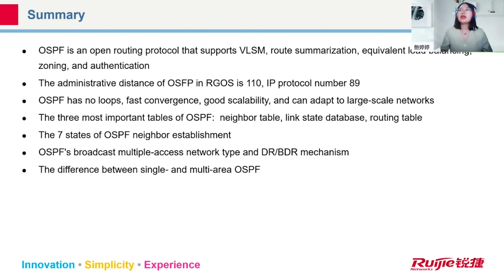And in the broadcast network type, we have to select DR and BDR, and we covered the selection principle. We can also divide OSPF into single and multiple areas, depending on your requirement, because with multiple areas, we can control the areas and do some route aggregation. So that's all about the OSPF part.